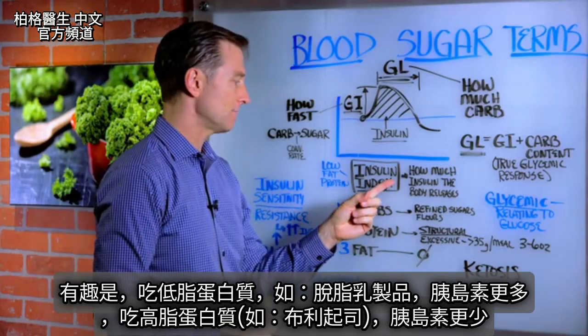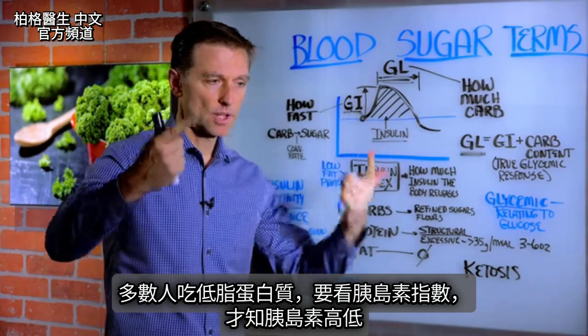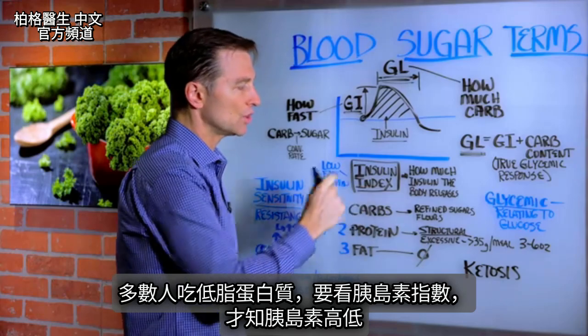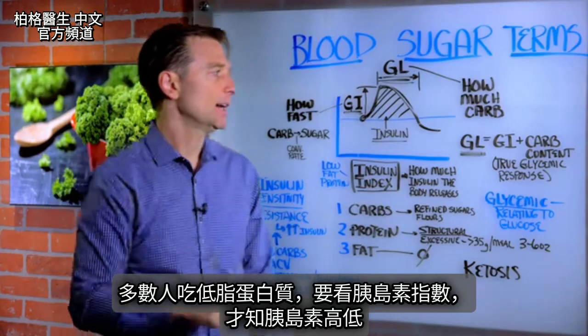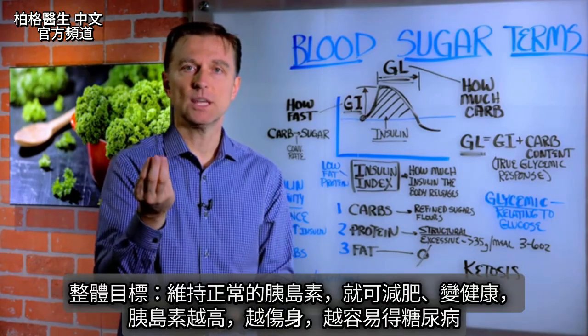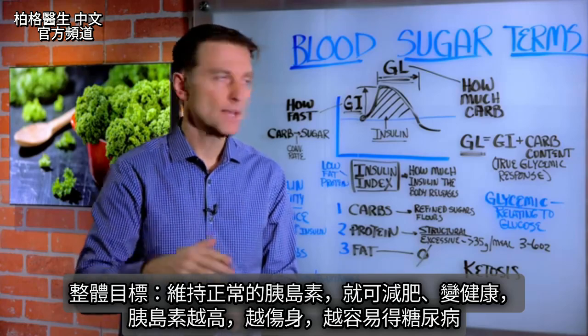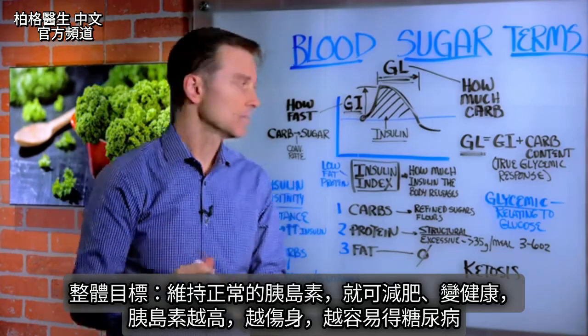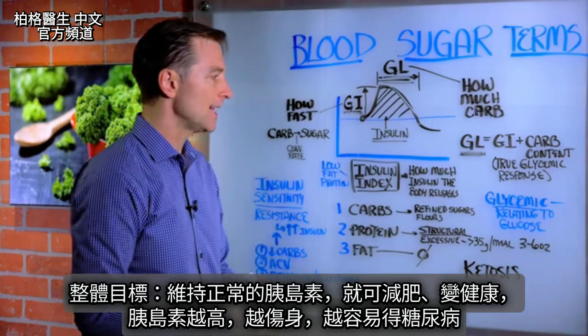That's interesting, because most people go for the low fat. So the insulin index is a really good thing to look at in measuring your insulin, because the whole goal is to keep the insulin as low as possible to normal so you can lose weight and get healthy. The higher the insulin, the more damage to the body. The more you're going to get diabetes. So that's what that's all about.